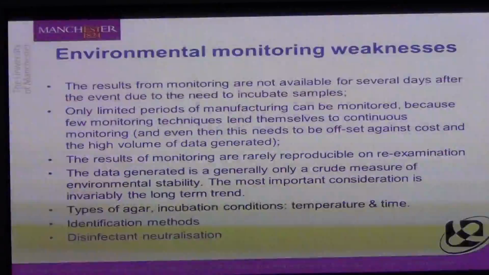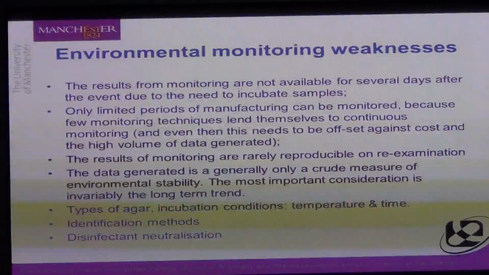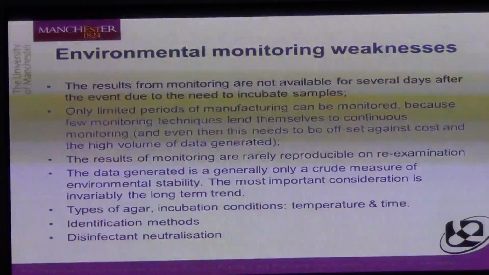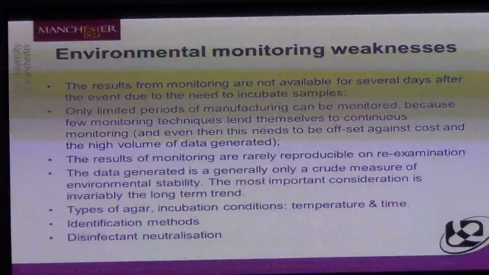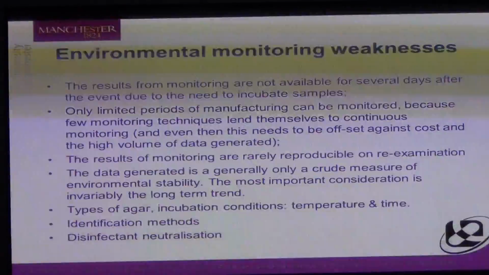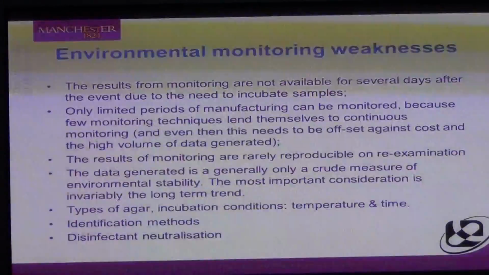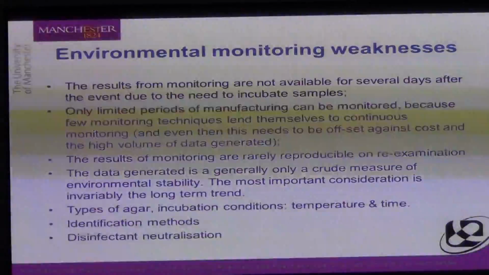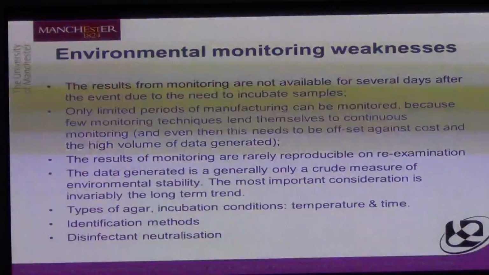So if we get a high count and we go back a week later, the chances of getting a high count in the area again are relatively slim. Often the individual results don't tell us very much, and we need to put a lot of those results together in terms of a trend. And it's really the long-term trend that informs us what's going on in the environment.